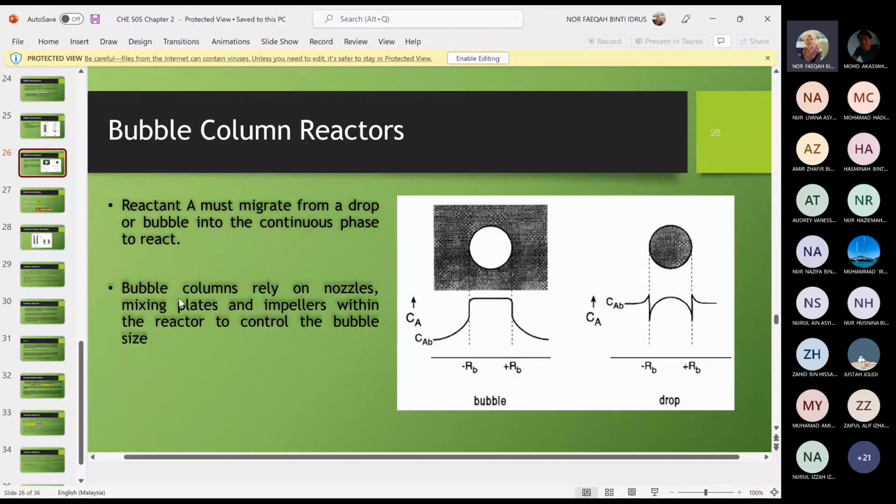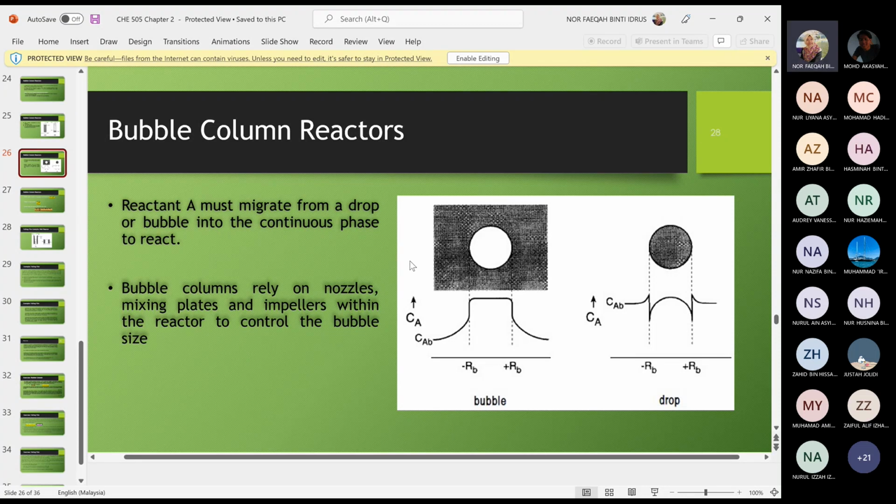Okay, and then bubble columns rely on nozzle, mixing plates and impellers within the reactor to control the bubble size for gas and drop size for liquid. So it will provide the high surface area and small particle size where the reaction can occur.